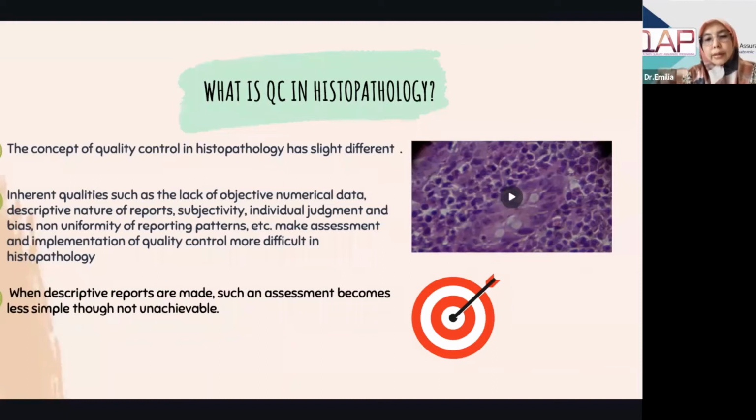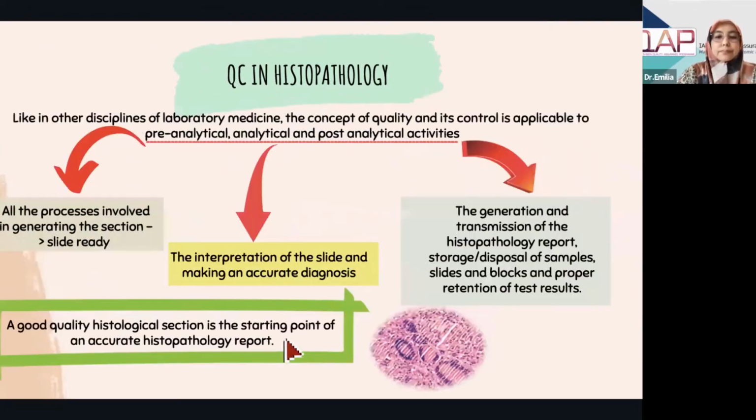We have descriptive reports that are very subjective, and most of the time it is more on individual judgment, and the reporting patterns also differ between pathologists. That makes the assessment and implementation of quality control, I won't say difficult, but I would say unique compared to other laboratory disciplines. But it does not mean that this cannot be achieved in histopathology.